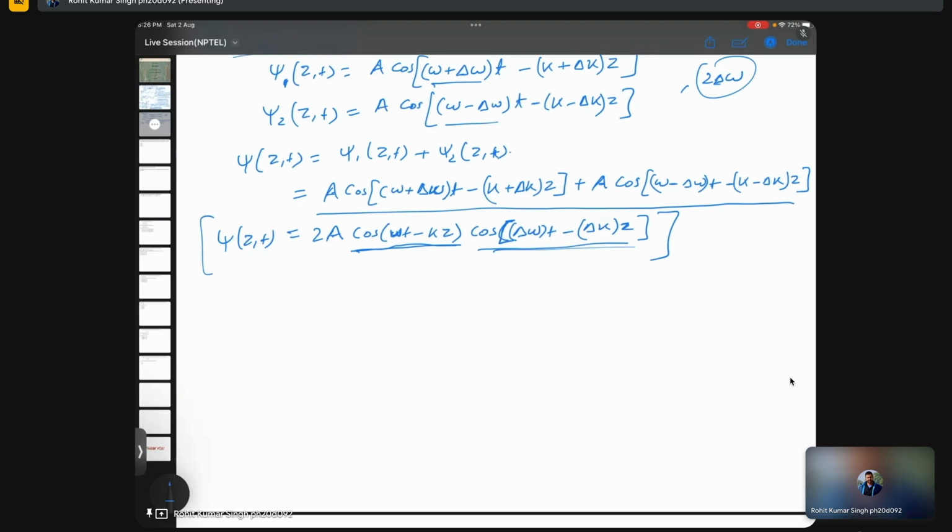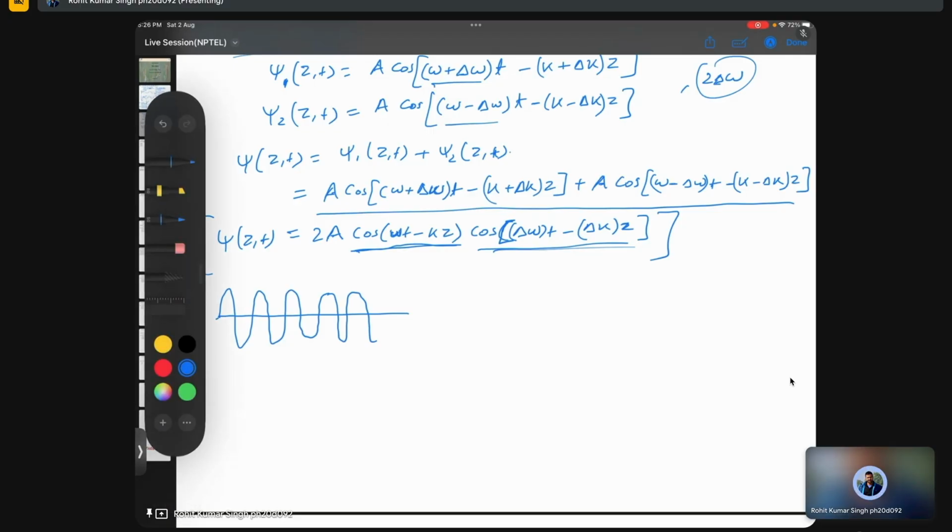So this is a, and we are drawing them at a fixed time t. This is a cos function, I am just drawing it very badly. Let me try again.